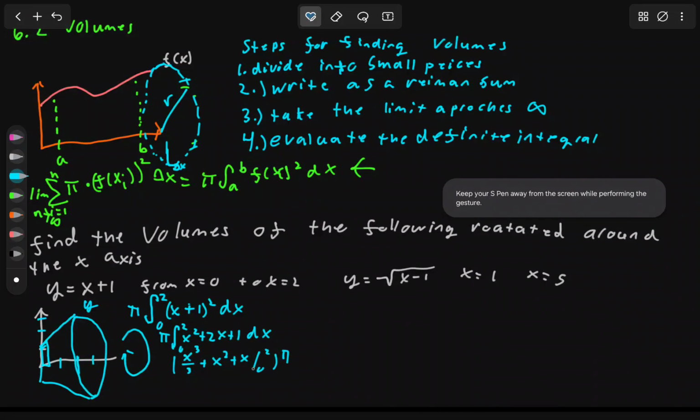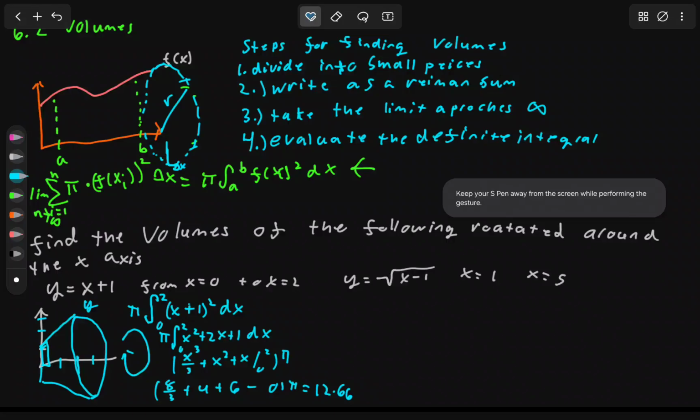Plugging these values into the function, we get 8/3 plus 4 plus 6 minus 0, times pi. This 4 plus 6 evaluates to 10, and then plus 8/3, that's going to be 2 with a remainder of 2/3, so 12.66.